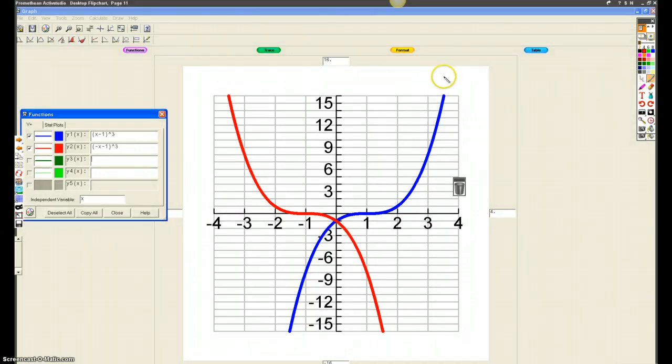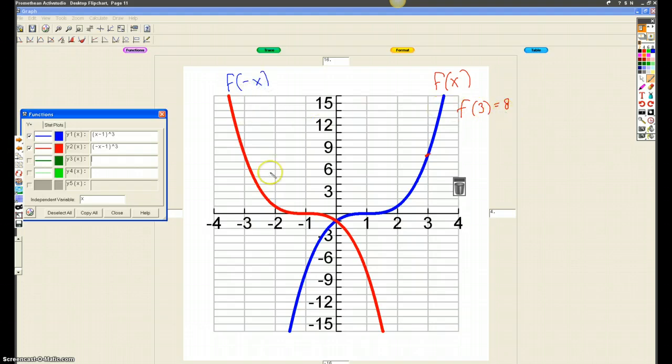So if this is f of x, you can see that f of 3, for instance, is 8. Over here is f of negative x.